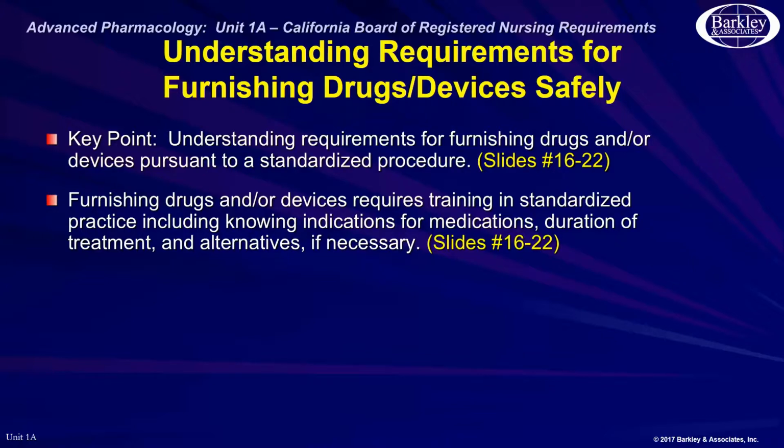As you go through a lot of this material, you will see in particularly session 8A of the course also, this will be reiterated for you. So understanding requirements for furnishing drugs and devices safely is covered in standardized guidelines and procedure guidelines, and those are reiterated for you in sessions 8A in particular, and in session 8C.